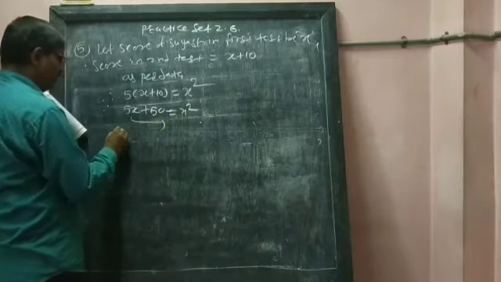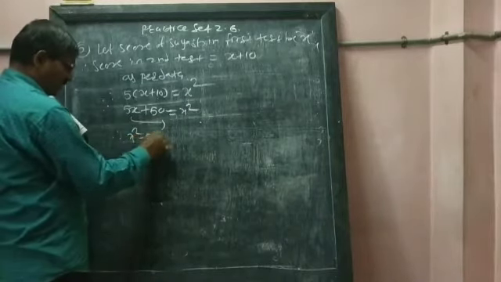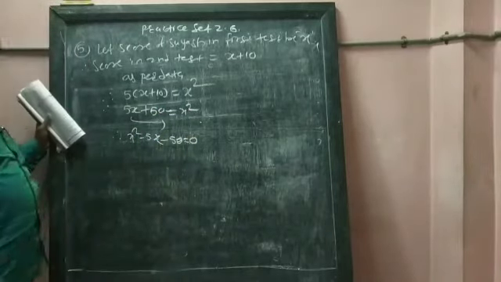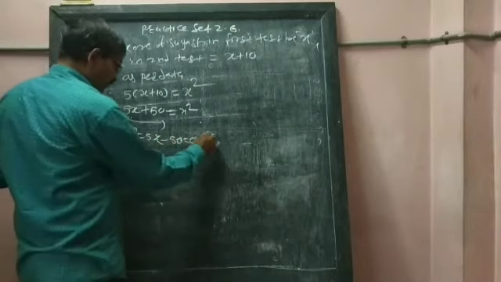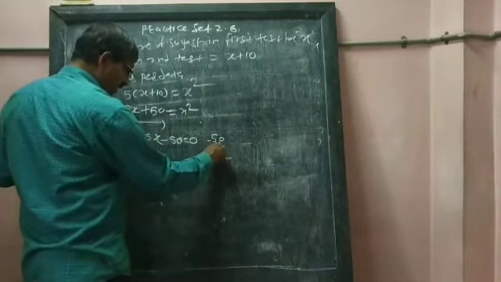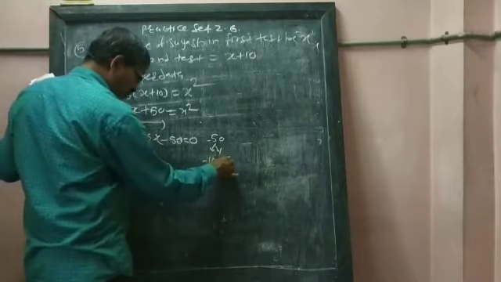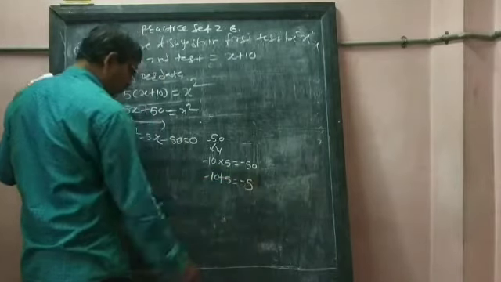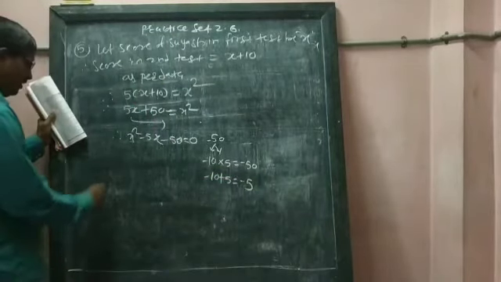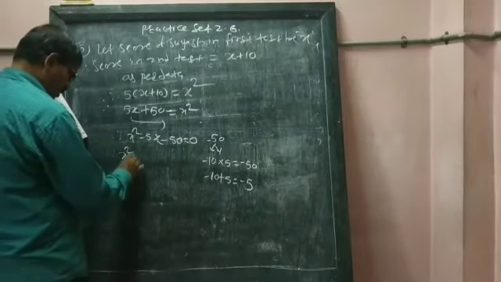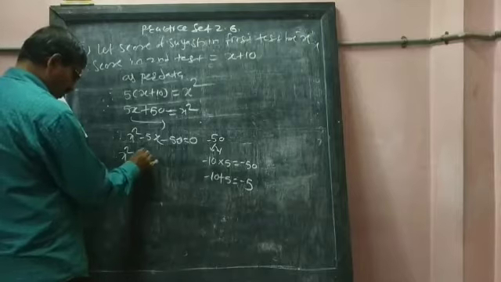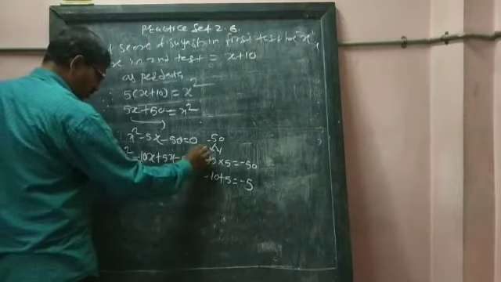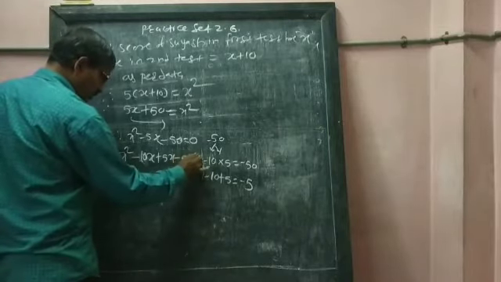Send this all to that side, means x square minus 5x, it goes there, becoming minus 50, is equal to 0. We should split this minus 50 such that minus 10 into 5 is equal to minus 50, and minus 10 plus 5 is equal to minus 5. So we will take here x square minus 10x plus 5x minus 50 is equal to 0.